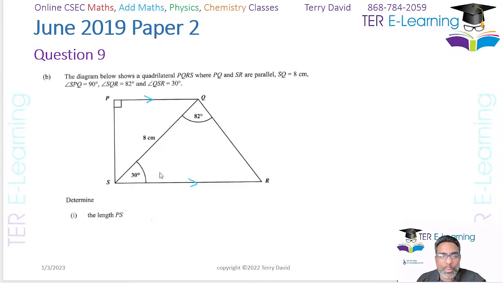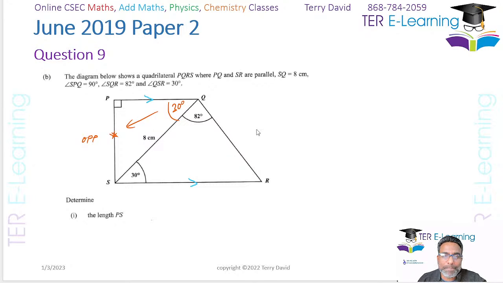Now, the first thing they want me to work out is this length here. They want us to work out this length PS. Since PQ and SR are parallel, this angle here has to be 30 degrees. So I have a right angle triangle, and I want to work out that length, which is my opposite.